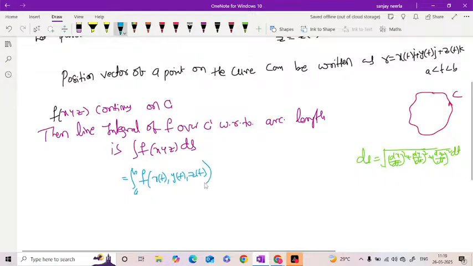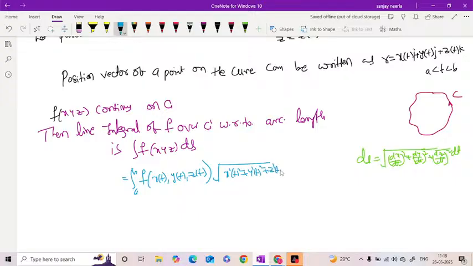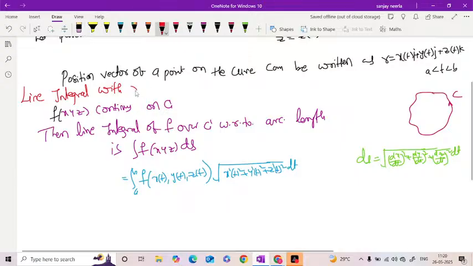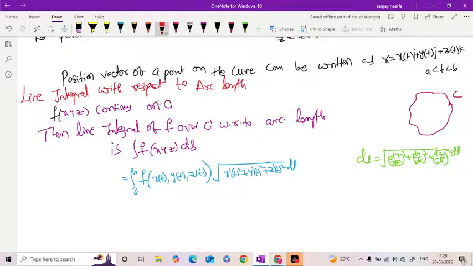So here we can write ds as under root of x dash whole square plus y dash whole square plus z dash whole square into dt. Okay, now this one is the line integral with respect to arc length.